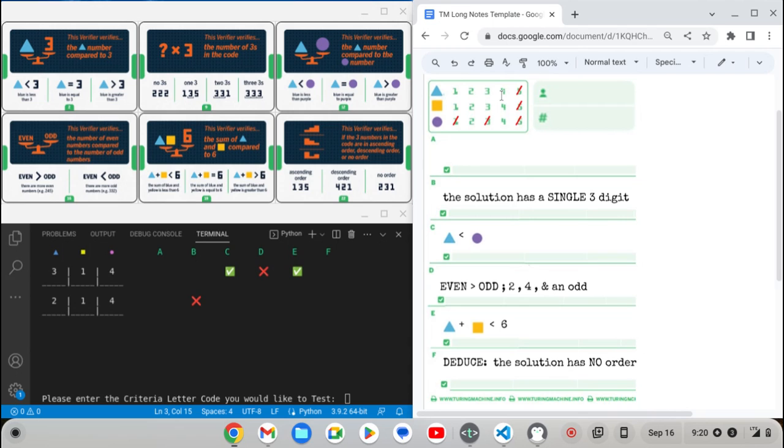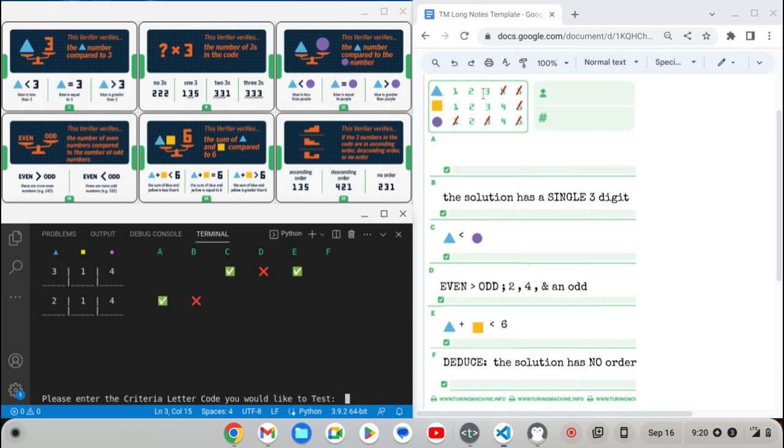Interesting. Okay. Yeah, oh, okay. So based on that, yeah, that means that triangle cannot be a 4, because since triangle has to be less than circle, yeah. So I think it's safe to cross out 4, and so we'll know whether it's less than 3 or equal to 3. So let's go ahead and test criteria card A. Okay, so that is true.